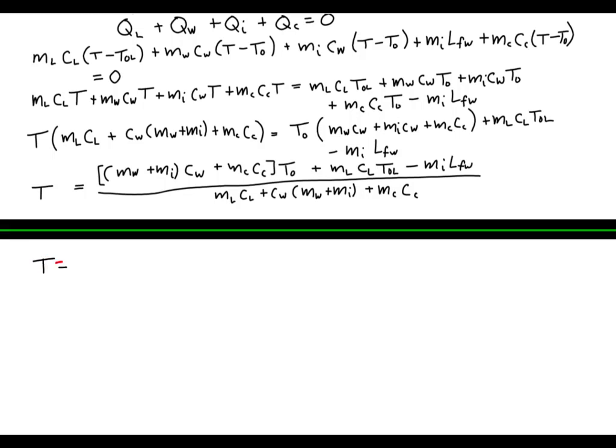So the final temperature is equal to the mass of the water, which is 0.100 kilograms, plus the mass of the ice, which is 0.0180 kilograms, times the specific heat of water, which is 4,190 joules per kilogram Kelvin, plus the mass of the copper calorimeter, which is 0.100 kilograms.